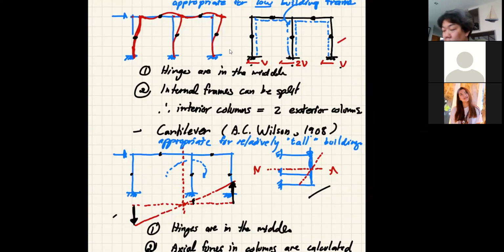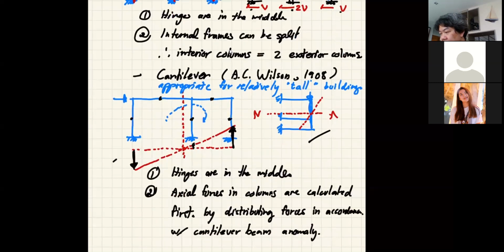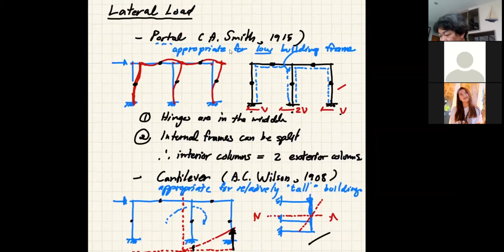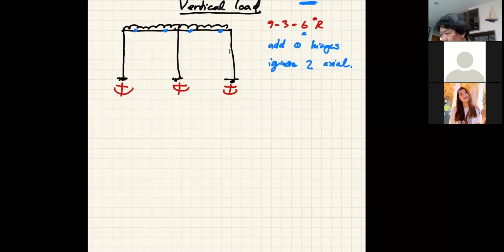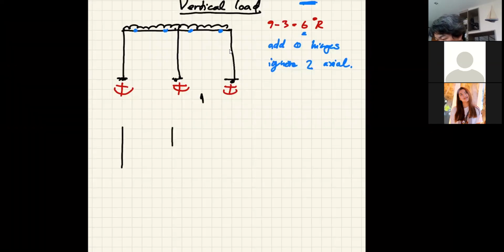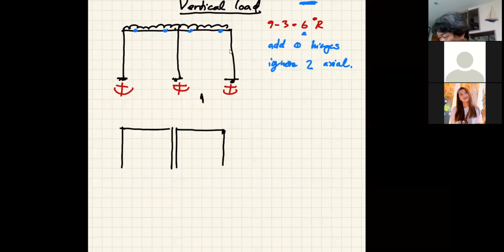So in the portal method, we would say that we have doors. We have a space here, like this one. So I can draw the frame like this as two doors. With the columns in the middle, because this is an interior column, it's equal to two exterior columns.